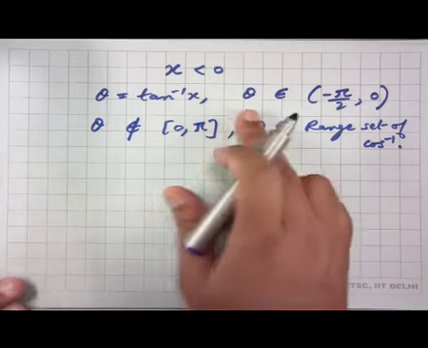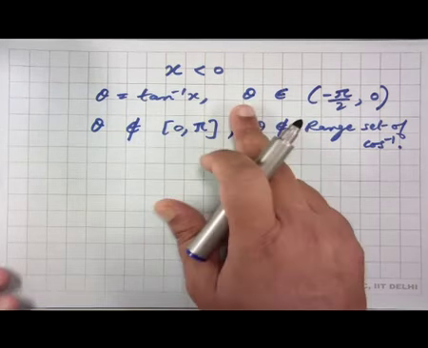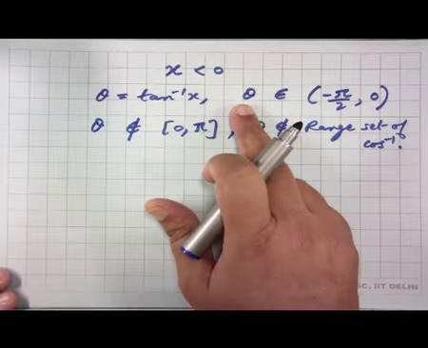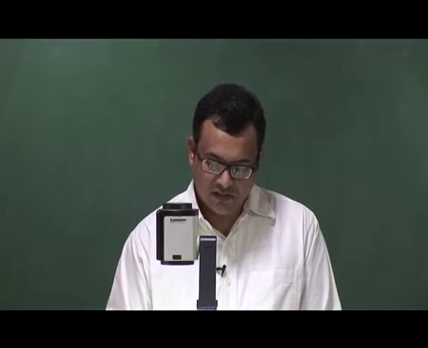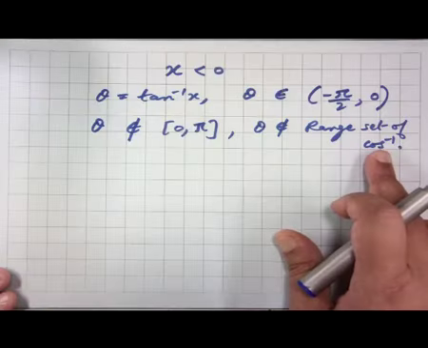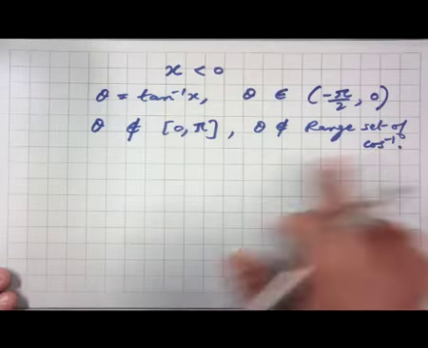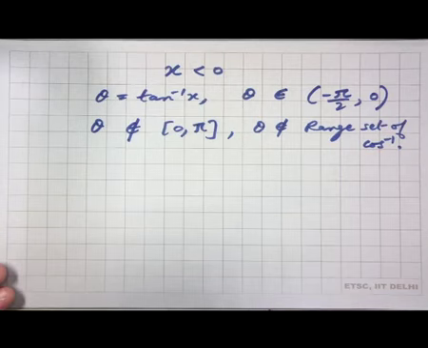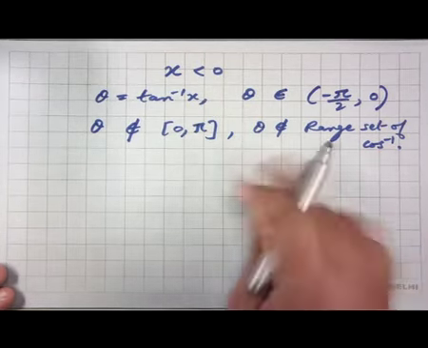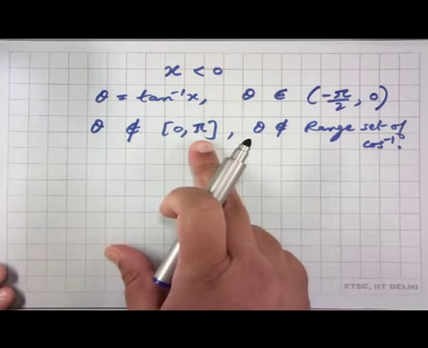Therefore we must try to shift this theta in such a manner that it belongs to the range set of cos inverse. Now, we know that the range set of cos inverse is 0 to pi.